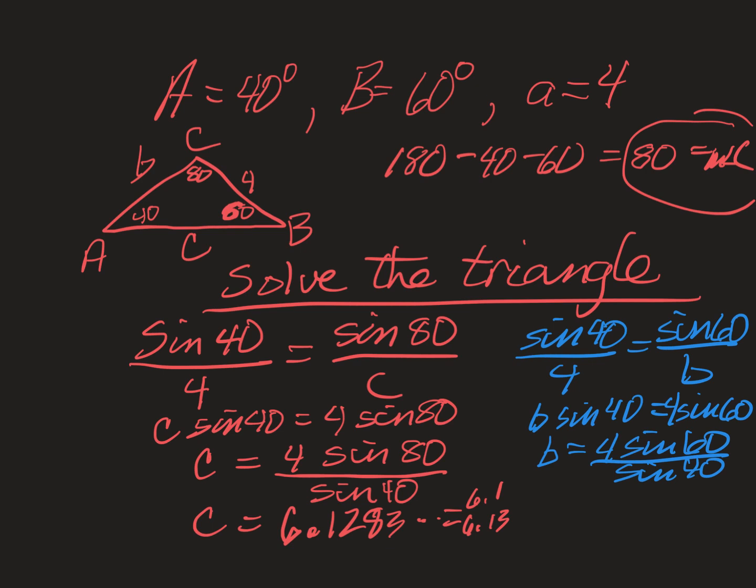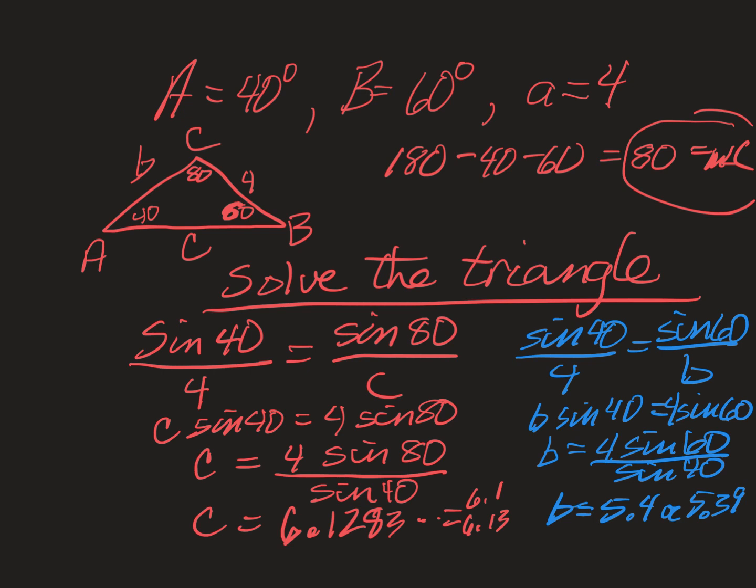I'm in degree mode, and I get B equals 5.4 or 5.39, depending upon what they asked me to round it to. Okay, so make sure you round correctly and give the correct rounding based on what they say.